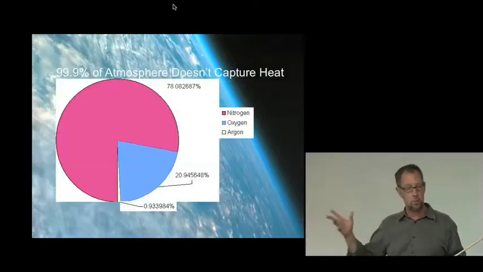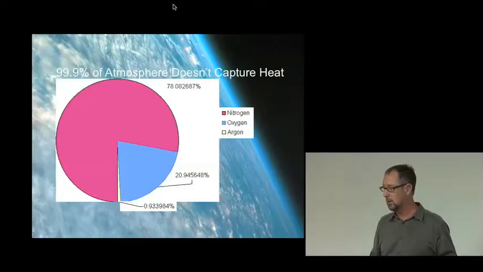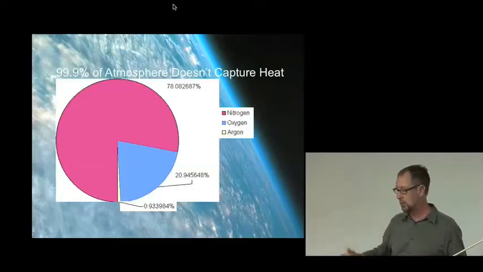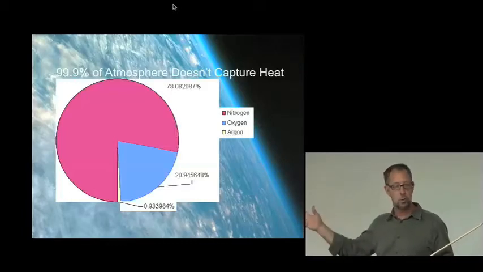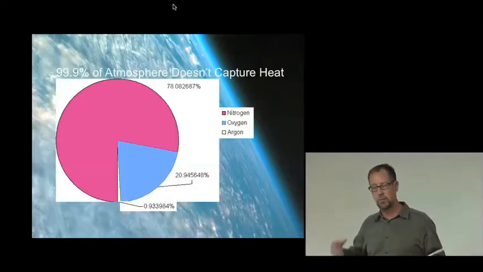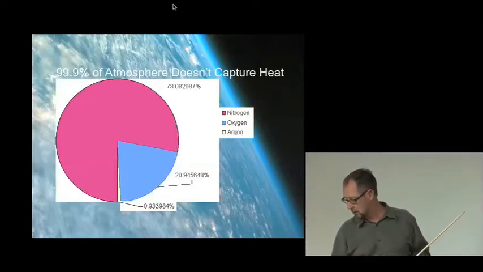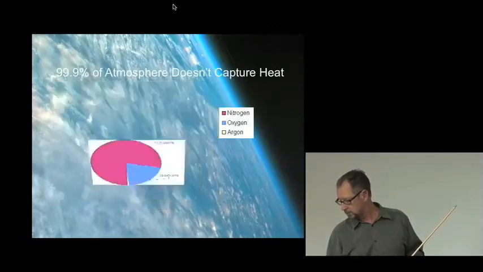We now know what he intuited and observed from his experiments, that 99.9% of the atmosphere does not capture heat. Nitrogen, oxygen, argon make up 99.9% of the gases and don't absorb that infrared heat.